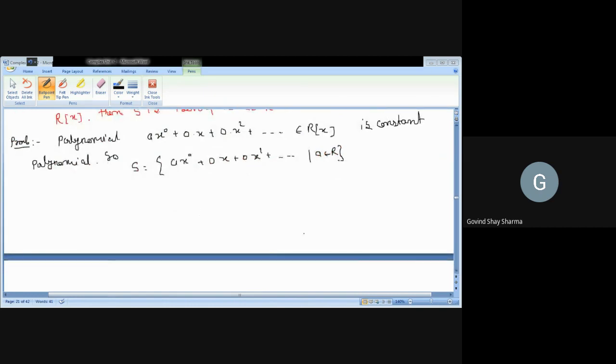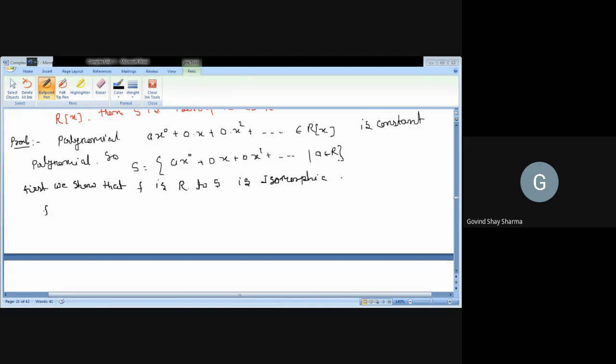Now, first we have to show that f from R to S is an isomorphism.